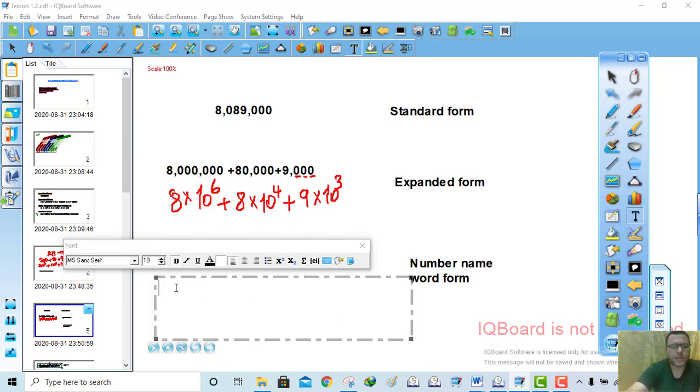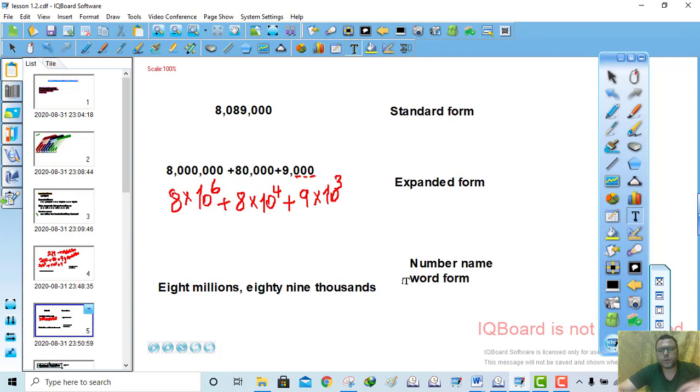So write 8 millions 89,000 9,000. Okay, this is about the three forms: standard form, expanded form, number name.